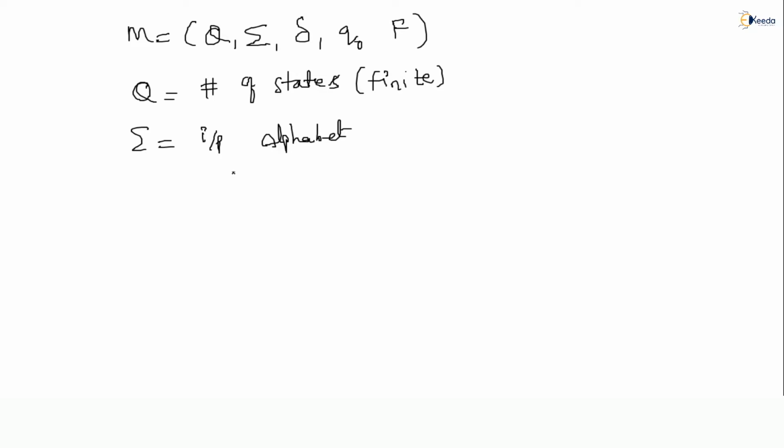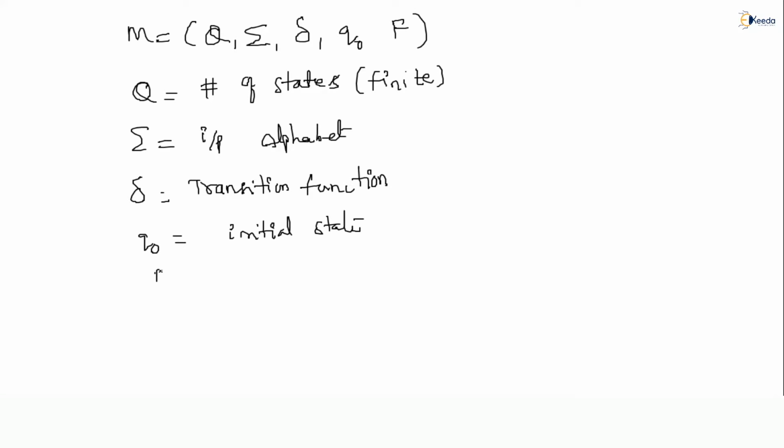Now the transition. This is delta. What is delta? Delta is the transition function. I will define it in more detail later. And Q naught, what is Q naught? The initial or start state. What is F? Final state.